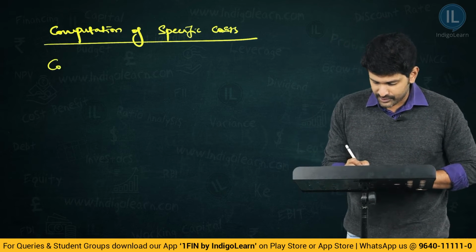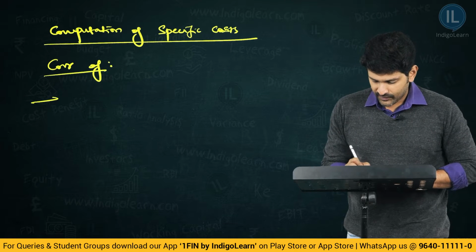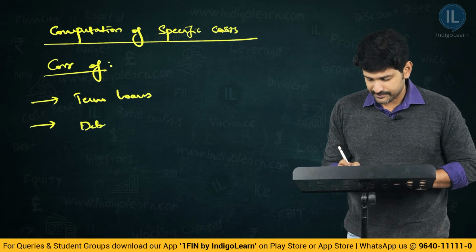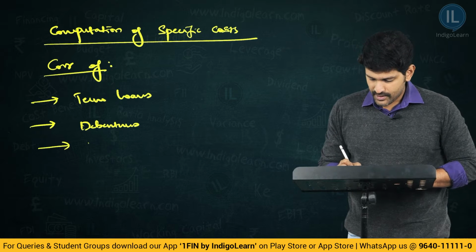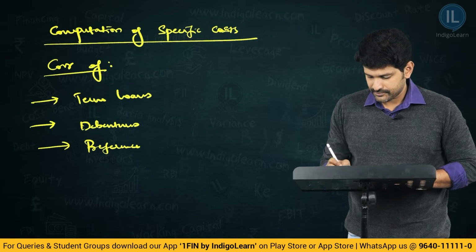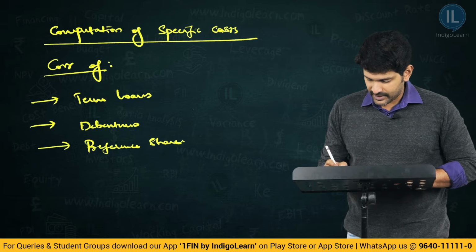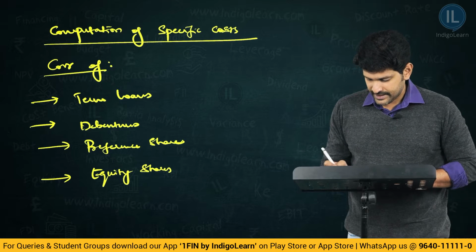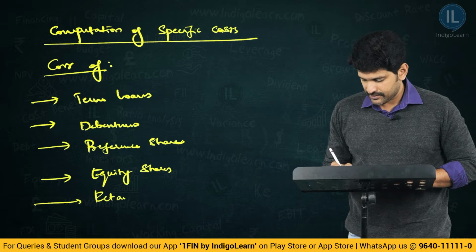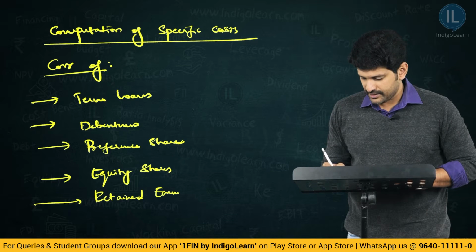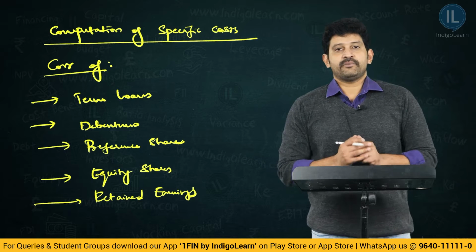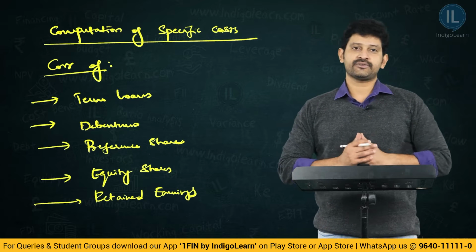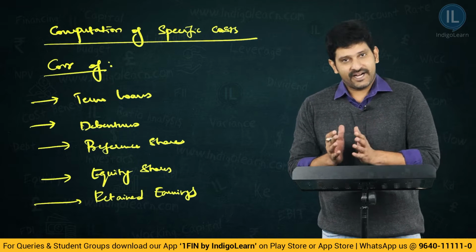That is, we will have to compute the cost of term loans, then debentures, then preference shares, then equity shares, and lastly retained earnings. So, as we mentioned, all the first four will be our explicit costs, that is direct costs, whereas the last one, that is retained earnings, will be under the category of implicit cost or indirect cost or opportunity cost.